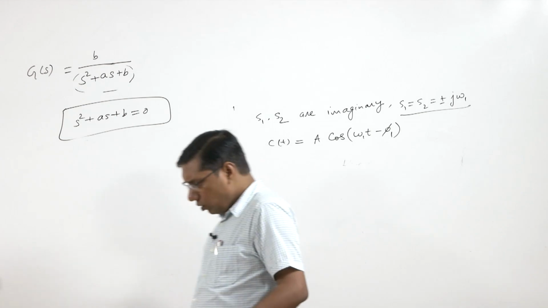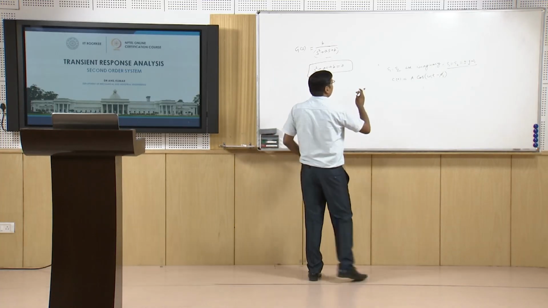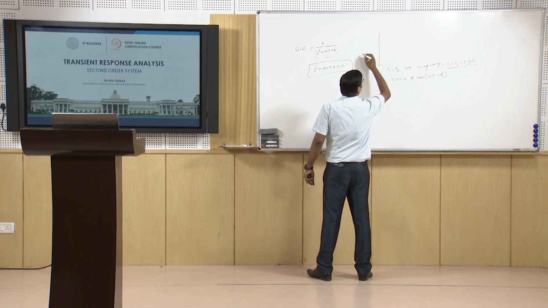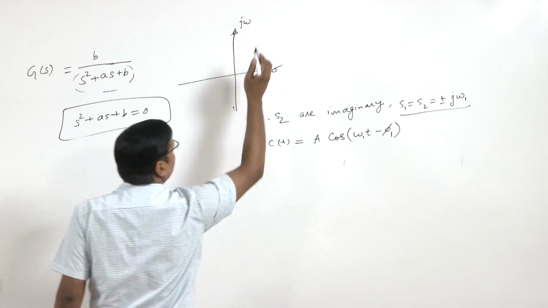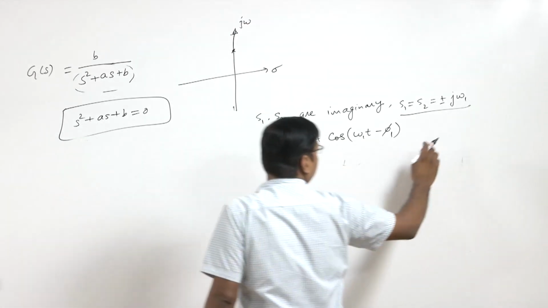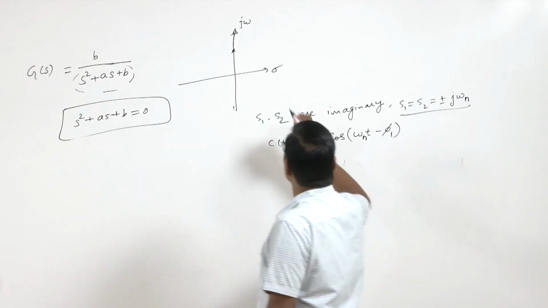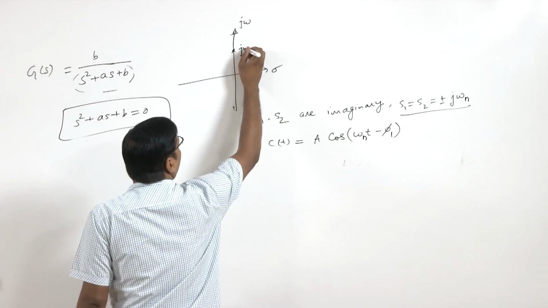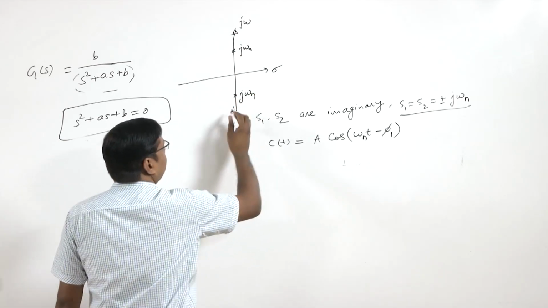When the roots are imaginary, if we plot these roots on the s plane, let us say this is omega n. So here we have j omega n, and here minus j omega n.